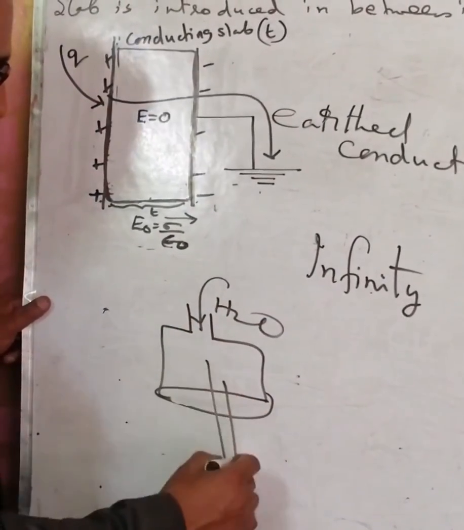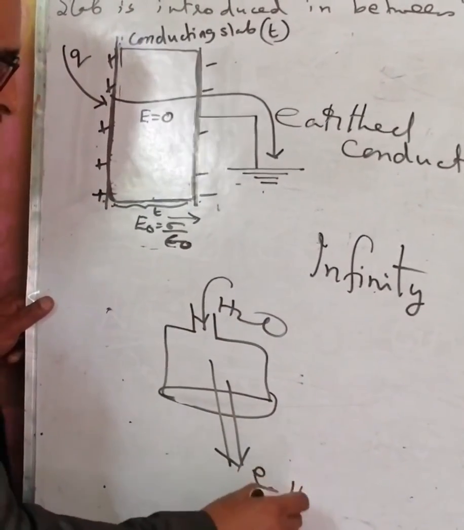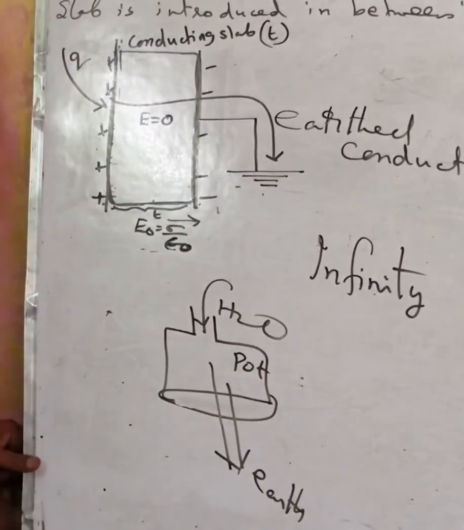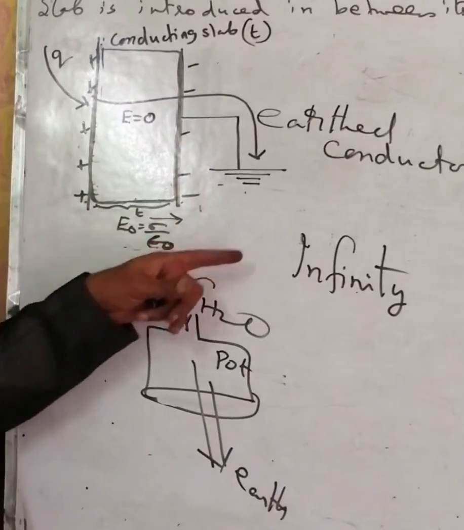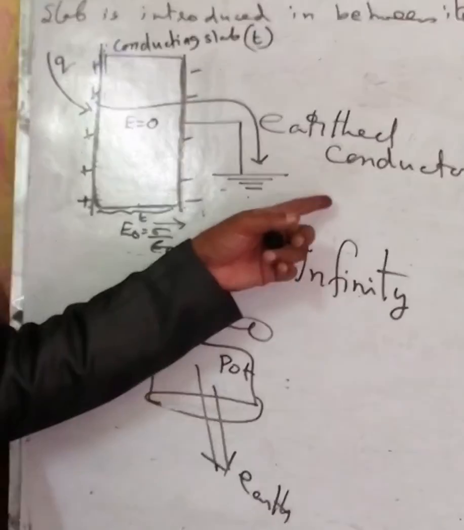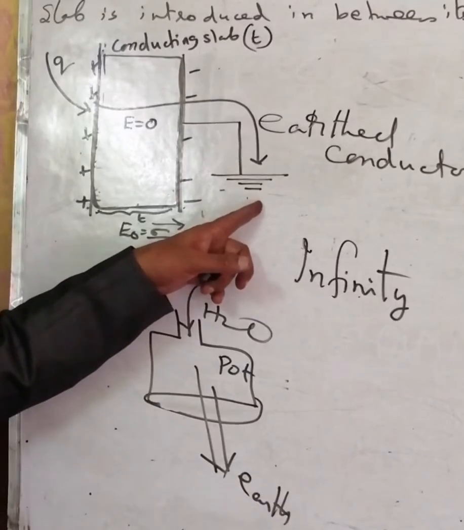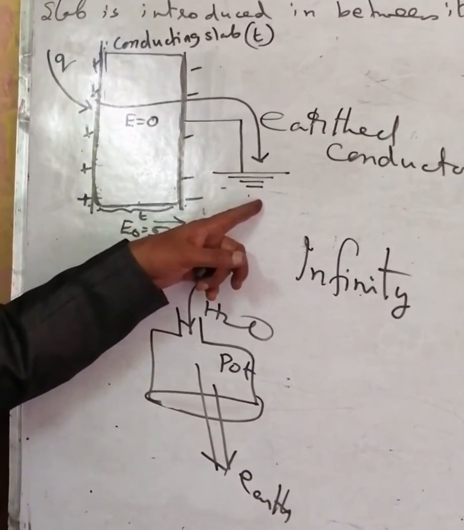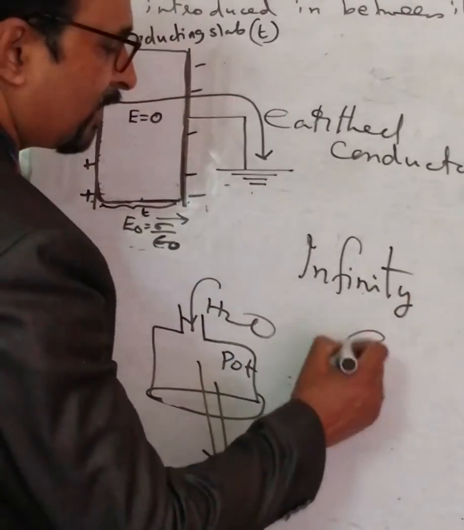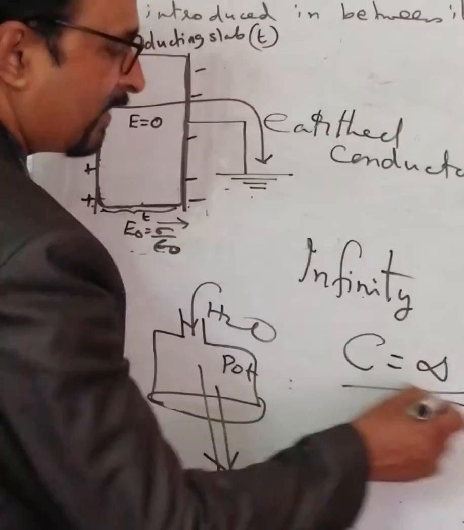The same water will flow to earth. There is no accumulation of water inside this pot. The same thing is happening here. Whatever charge you are supplying to the positive plate will be directly flowing to the earth because the system behaves like a conductor. Or it goes on accepting infinite charge, or its capacitance becomes infinity.